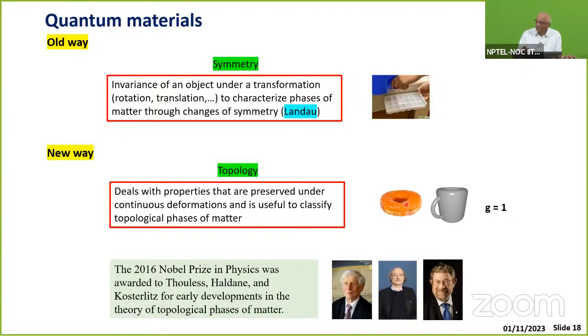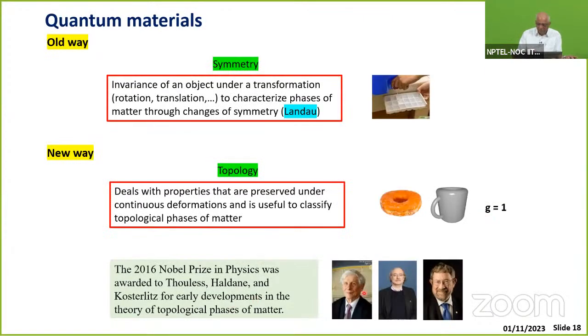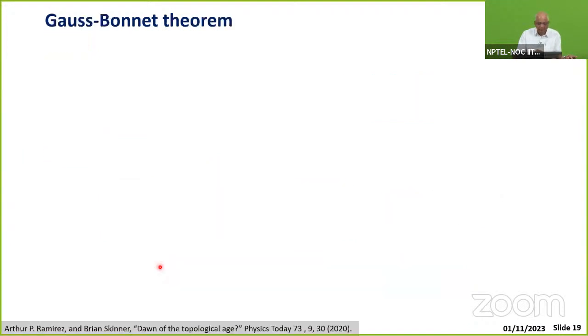In other words, a continuous deformation can achieve going from one topology to another topology, and I'll talk about the genus factor of one. And of course, that discovery won the Nobel Prize in 2016.